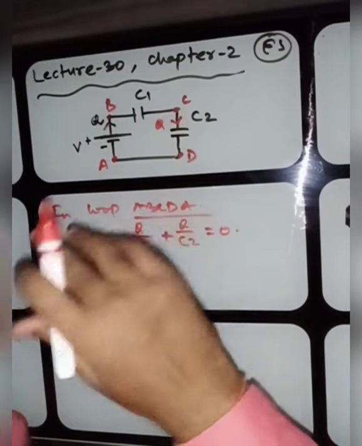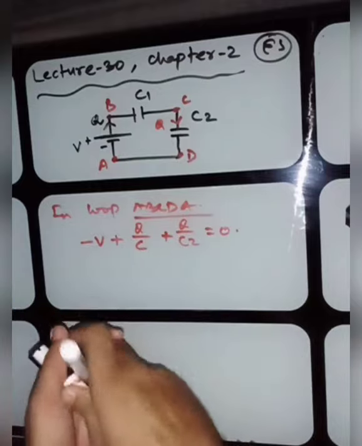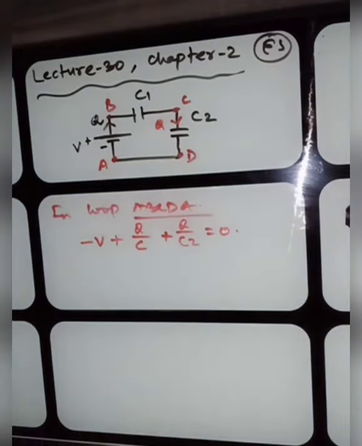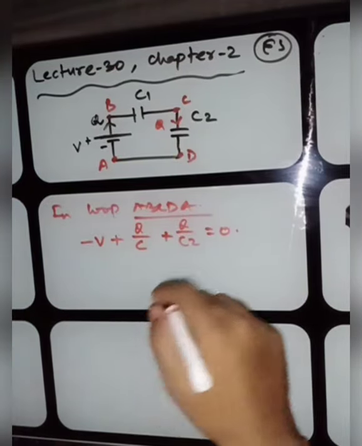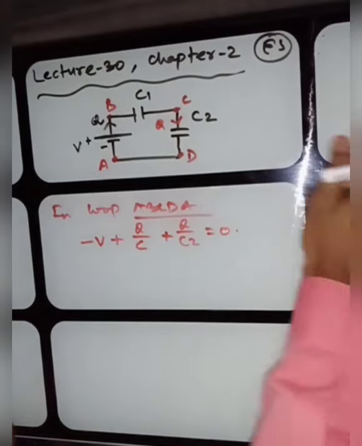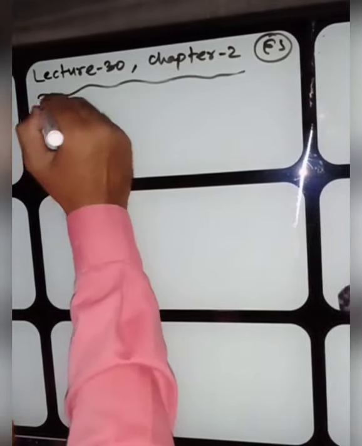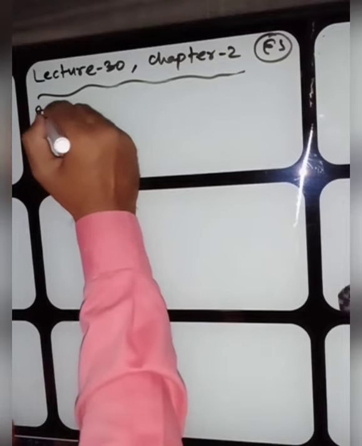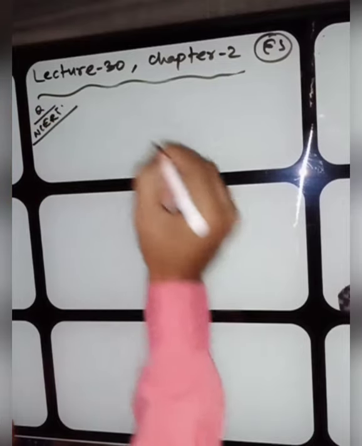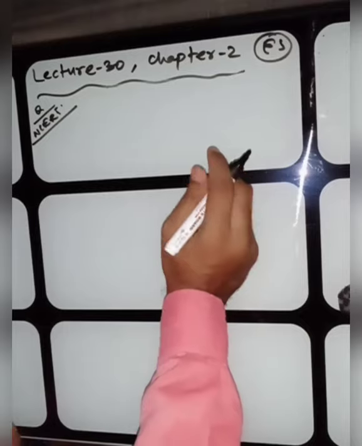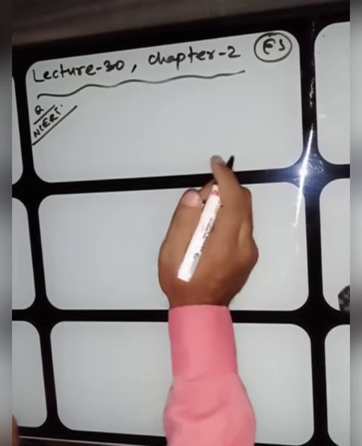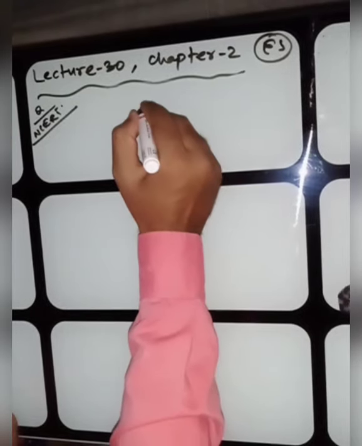Okay, my dear students. Now we will solve a few questions. This question I'm taking from NCERT. One question of NCERT will be solved and you will understand the concept.